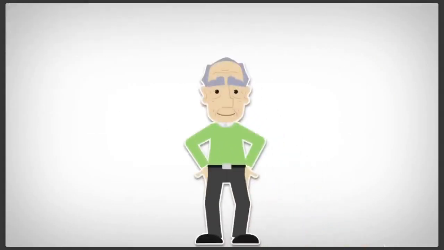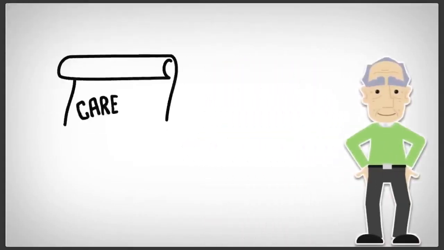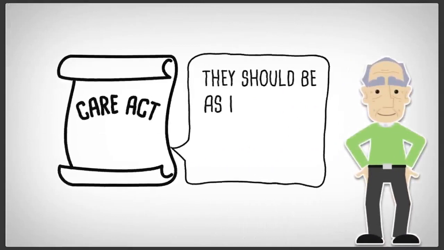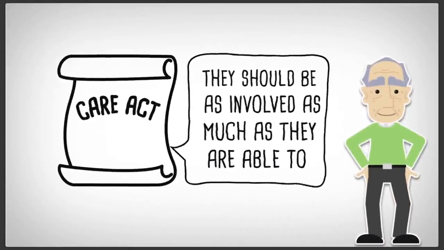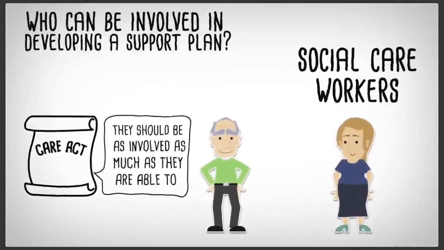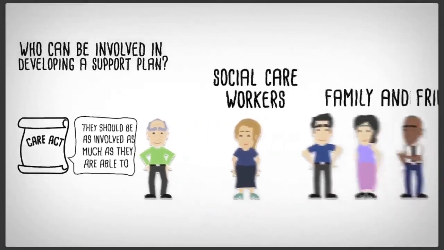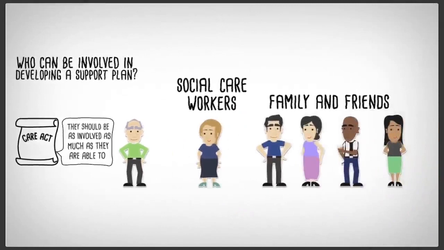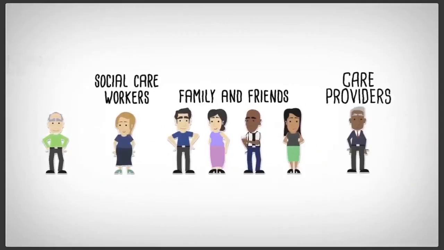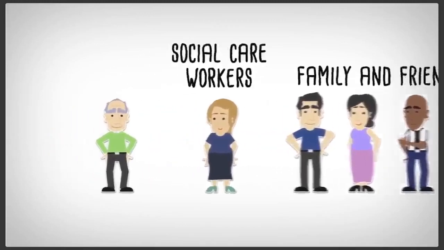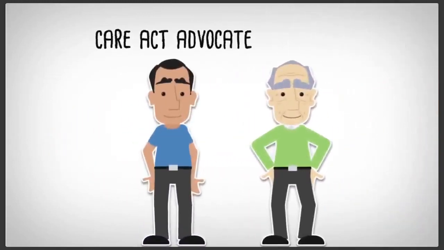The person. It is their plan, and the Care Act says they should be as involved as much as they are able to. Social care workers. People the person wants to involve, such as family and friends. Care providers. Independent advocates. If people have substantial difficulty being involved in their support plan and have no family or friends who can support them, they are entitled to the support of an advocate.